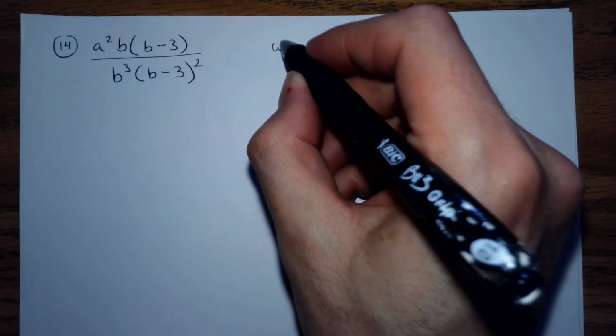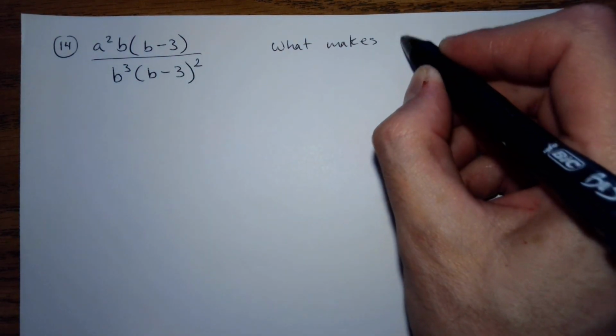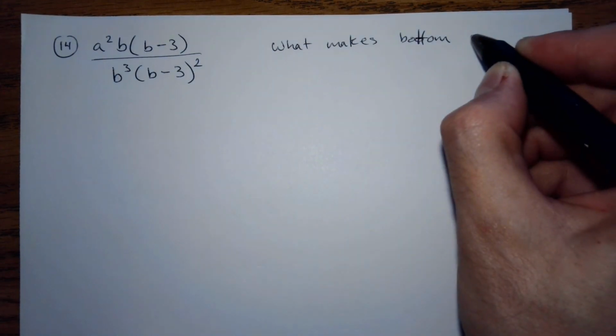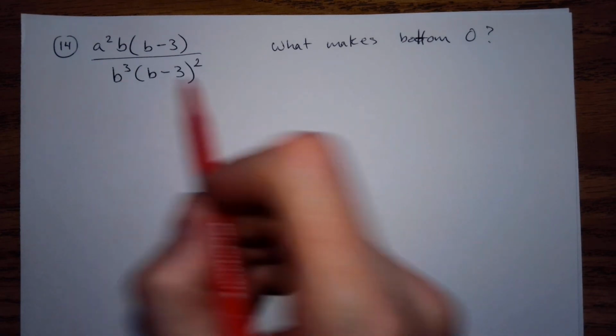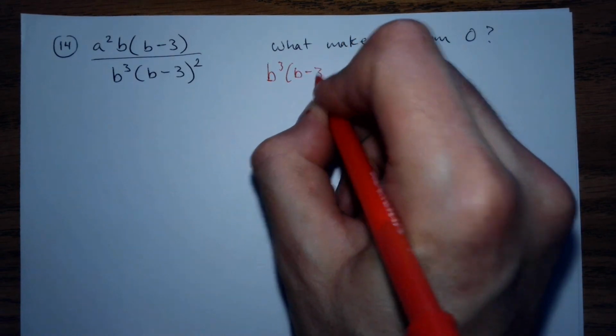So the first question that I'm answering is, what makes the bottom 0? And the way I can do that is by setting the bottom equal to 0. b cubed, b minus 3 squared.